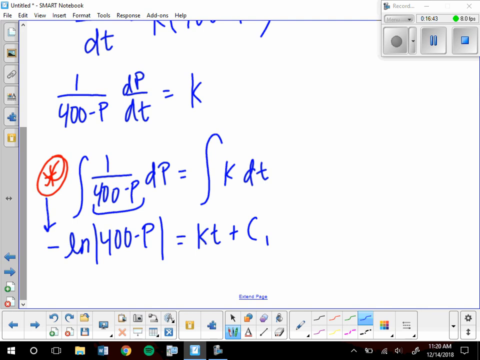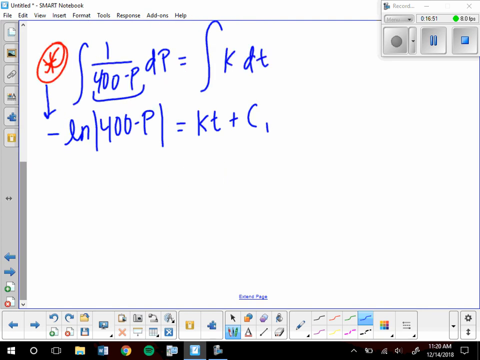I will tell you that that is on your quiz next week, and a lot of students forget that negative. Now we want to keep solving for P. Before I can exponentiate both sides, I do have to get rid of the negative. So I'm going to divide both sides by negative 1. Get negative kt minus c1.